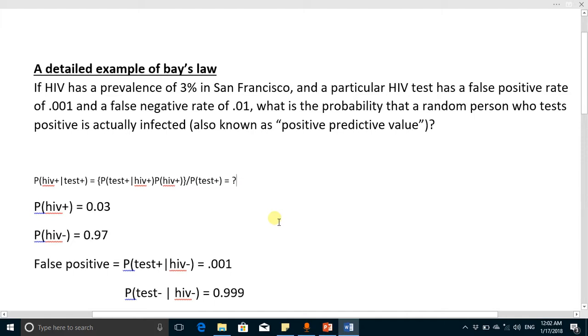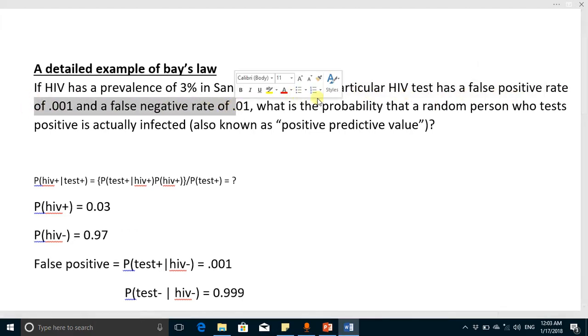Dear listeners, now let us see a detailed example of Bayes' law. In this example, the statement says that in the city San Francisco, the prevalence of HIV virus is 3%, and this is some historical data that we have.